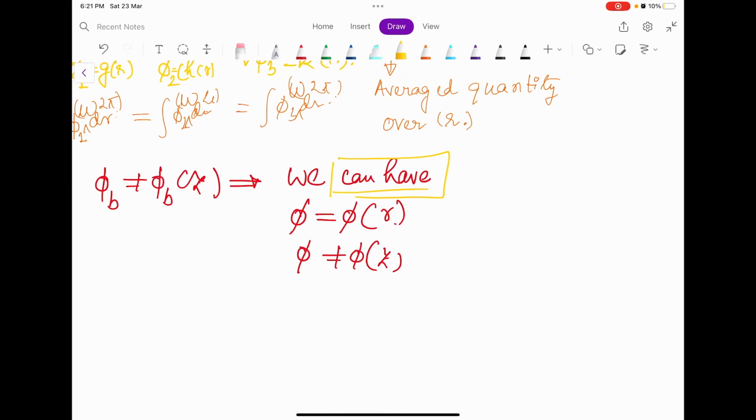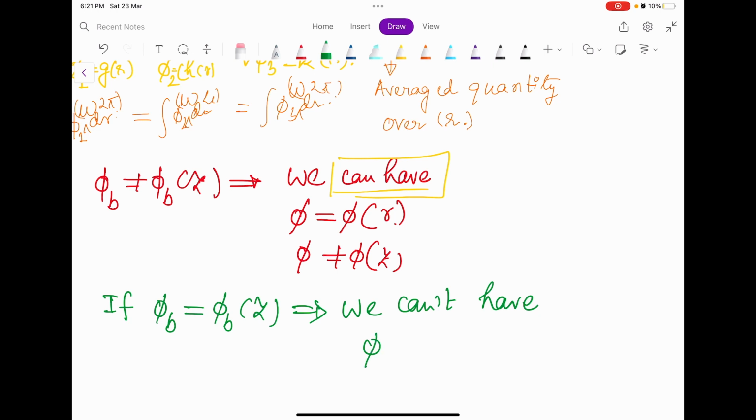But if we know that phi b is varying with z, then for sure we cannot have phi as only a function of r. Phi must be a function of r comma z.